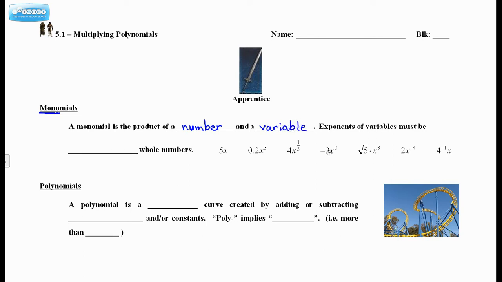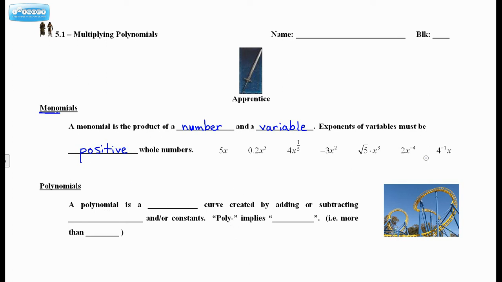Okay, but here's the important bit. The exponents of the variable, okay, so not the number, the variable, must be positive whole numbers. Okay, so in the previous chapter we worked with exponents that were negative and some were fractions, but we're not going to deal with that, at least not with exponents attached to a variable.